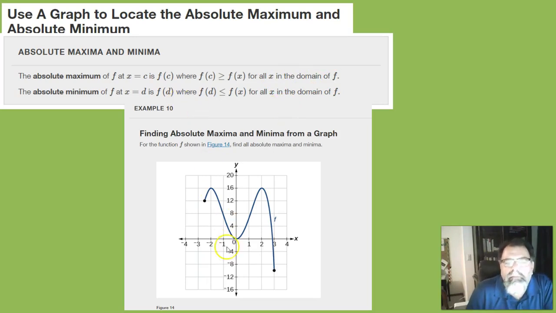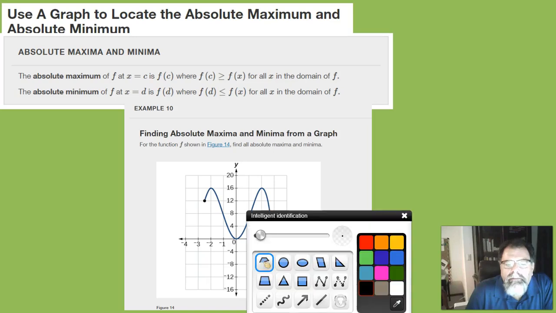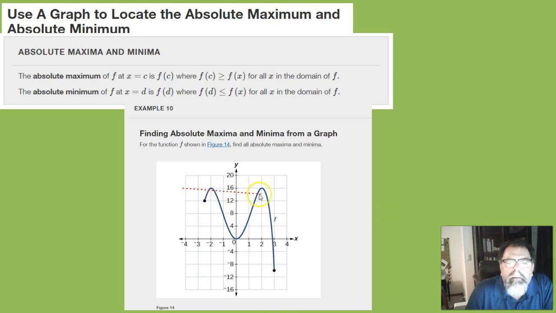So you can almost think of it as a ceiling. If we look at this example, nothing's higher anywhere on the graph than this point. So that would be the absolute maximum, that y value there.